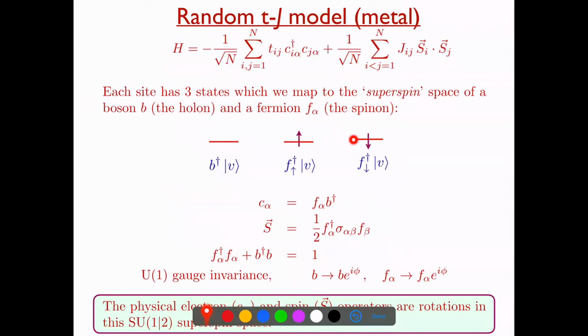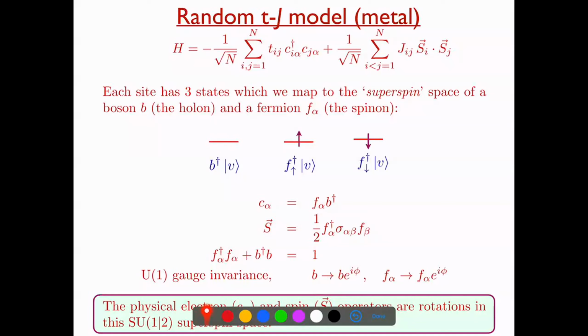But there's, of course, one very important difference, which is the statistics. If you use the slave particle representation introduced before, where you write the spins as fermions and the holes as bosons, then this state is a boson and those 2 states are fermions. So there's some spin that can rotate between these 3 states, and that rotation group is now a supergroup.